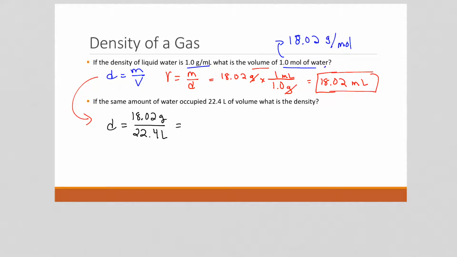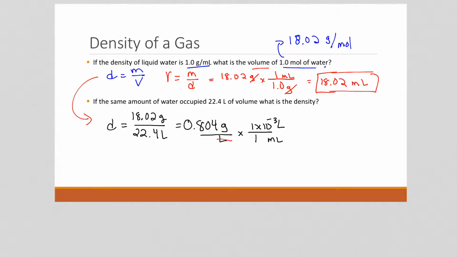So if I do that math, reduce it to 3 significant figures, we get 0.804 grams per liter. Now, to make this a little more comparable, we can convert this to grams per milliliter. And so, if I do that, 1 times 10 to the minus third liter is equivalent to 1 milliliter.